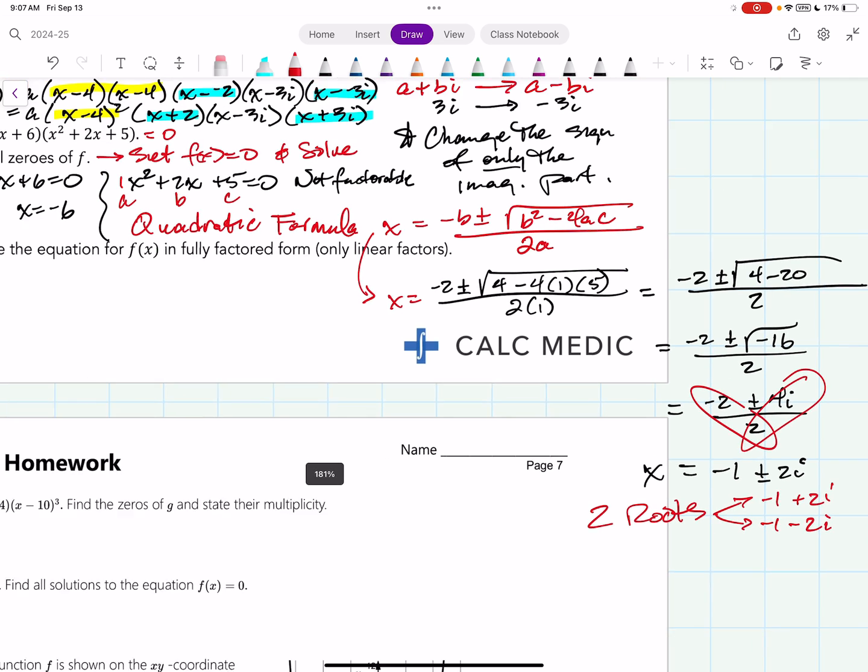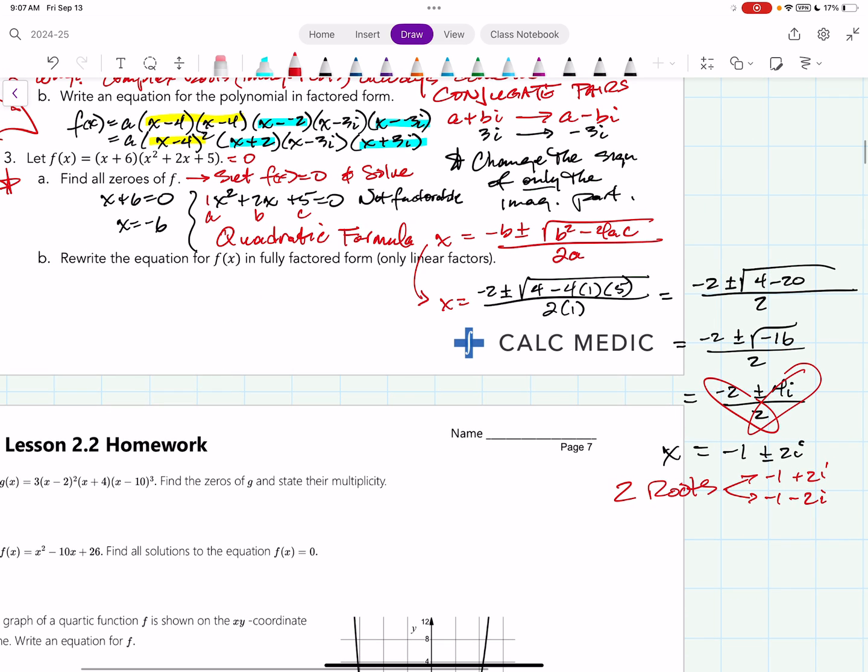Okay, and then it says write your equation in fully factored form, which is what we just did earlier. Although your roots look like binomials, so it's a little bit more complicated. So here we go. So f of x is equal to x plus 6, that's already factored, okay? You just have to factor your trinomial.